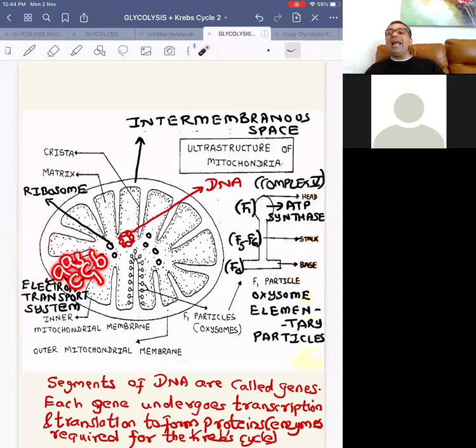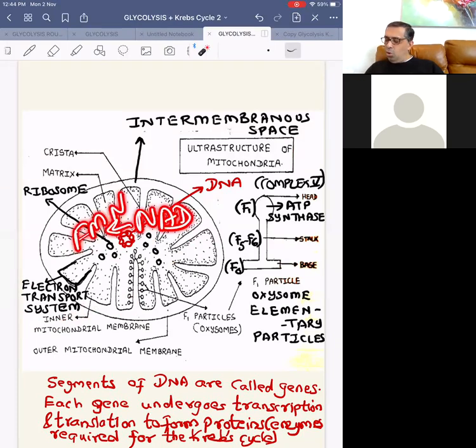Where are all these electron acceptors present? All electron acceptors are present on the inner mitochondrial membrane. So where is the Krebs cycle taking place? Inside the matrix. Where does the transfer to NAD, FMN, coenzyme Q take place?